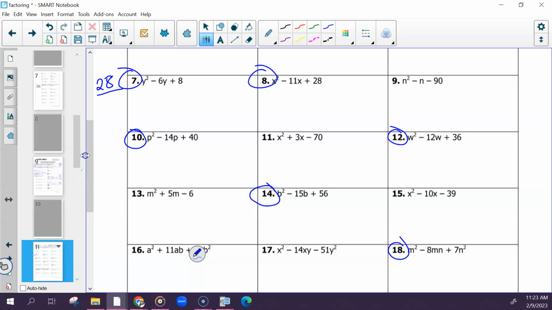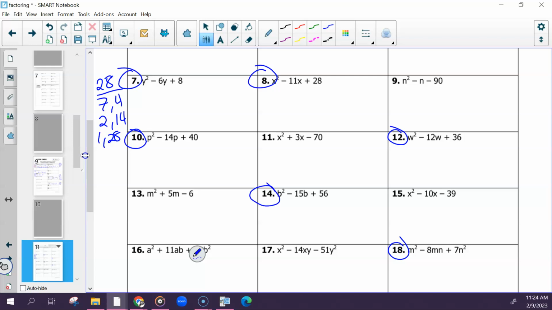What times what gives us 28? 7 and 4. And 2 and 14. Any others? 1 and 28. And I think that's it. Because 5 doesn't work, 6 doesn't work, so that is it.